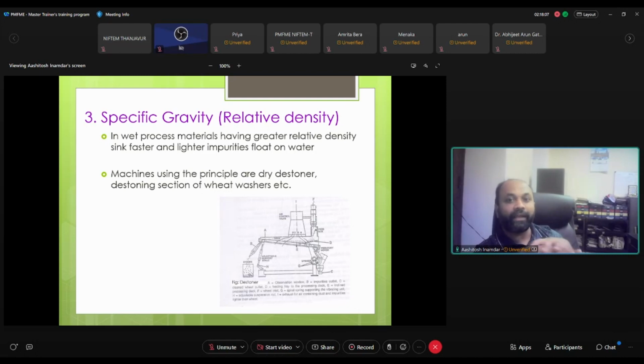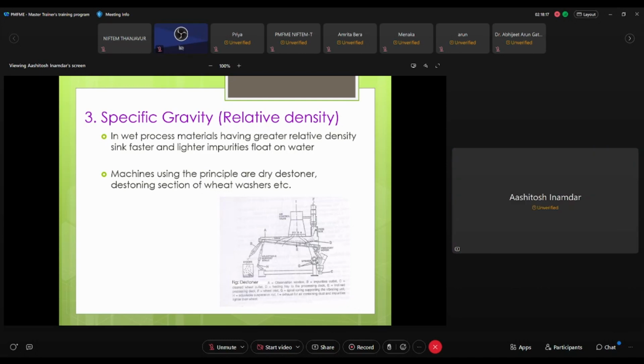It has a perforated wire mesh which has roughness. So they stay down and are in touch with the perforated mesh.